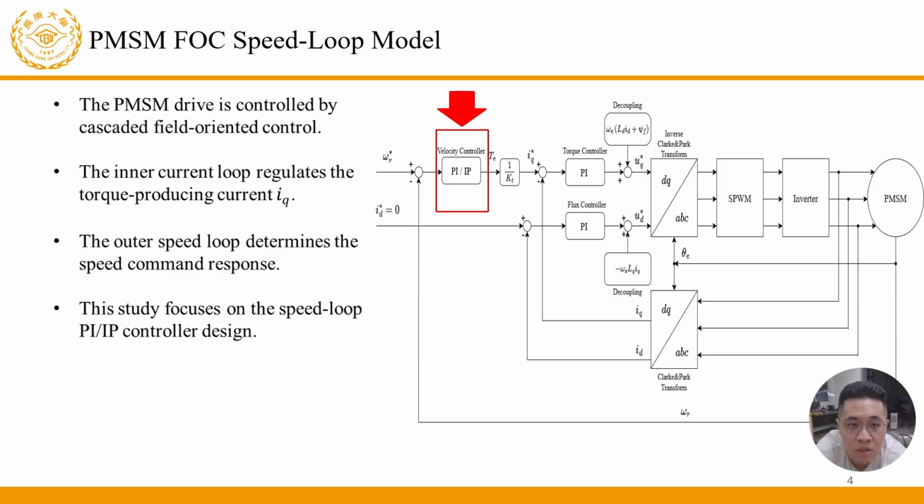It generates the current command based on the speed error. So the speed loop mainly determines how fast the motor follows the command. In this work, we focus on the design of the speed controller, especially PI and IP controllers.